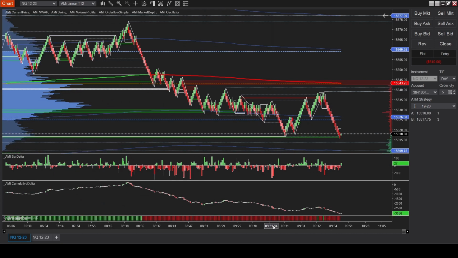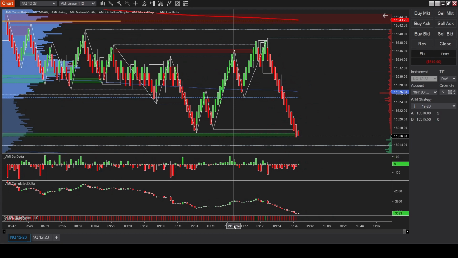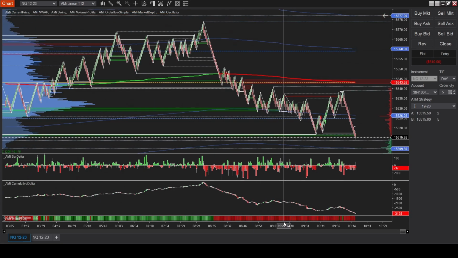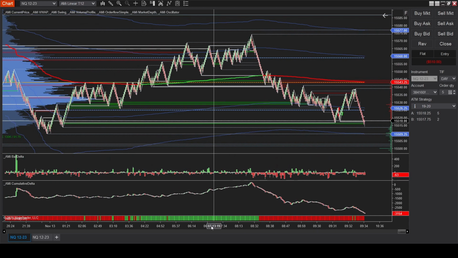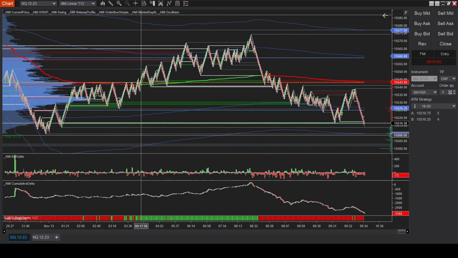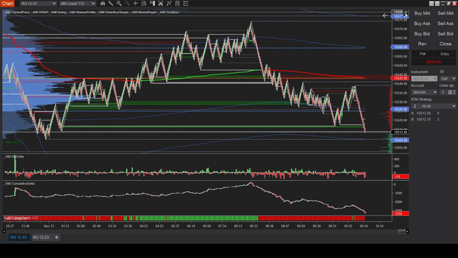Nice rotation now to the downside. Expecting the overnight low to be taken out.